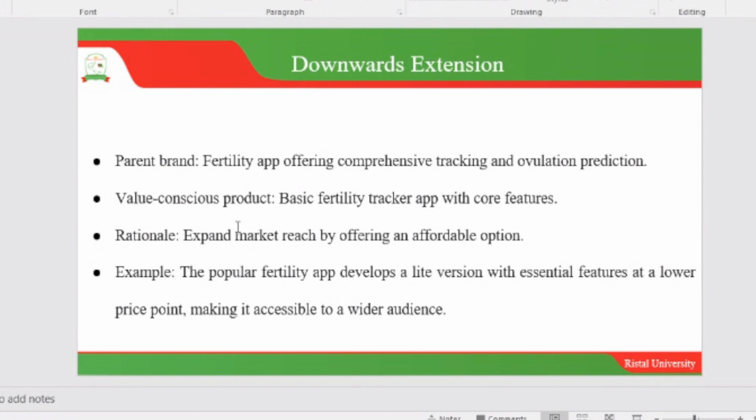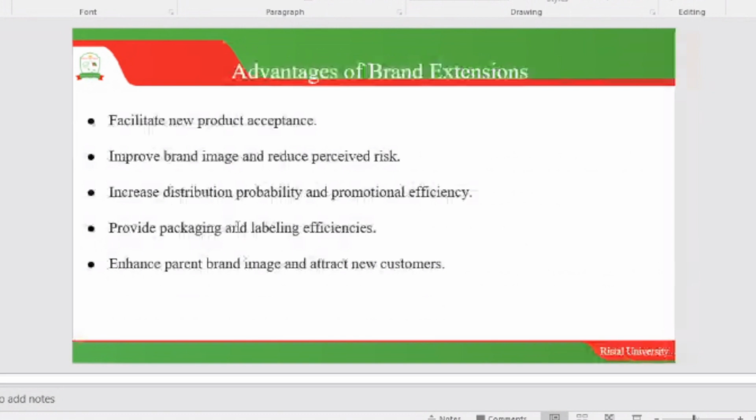There are some applications that the target group can use at a cheaper option. So, what are the advantages of this brand extension? It facilitates new product acceptance, it improves brand image and reduces perceived risk, but also it increases distribution probability and promotional efficiency because you're extending your products.